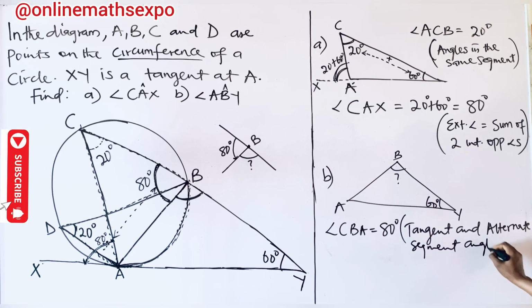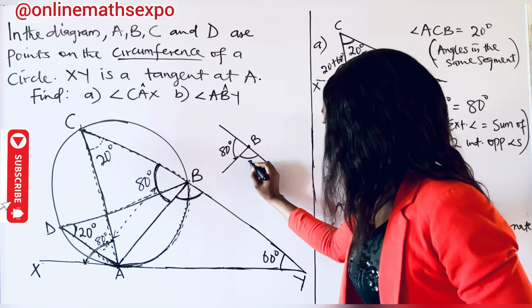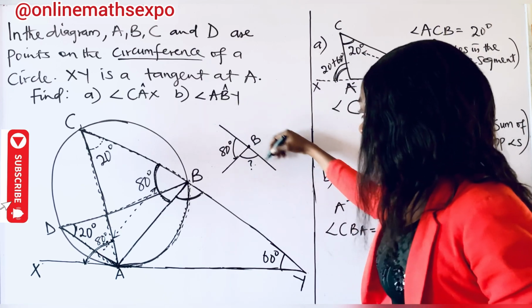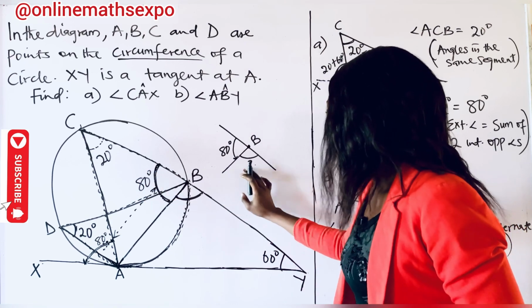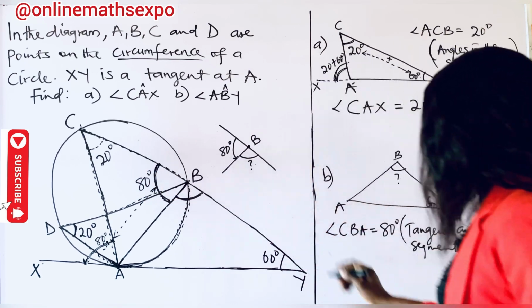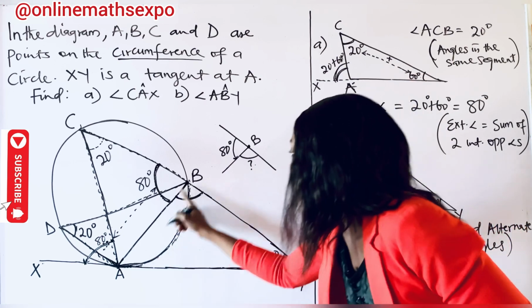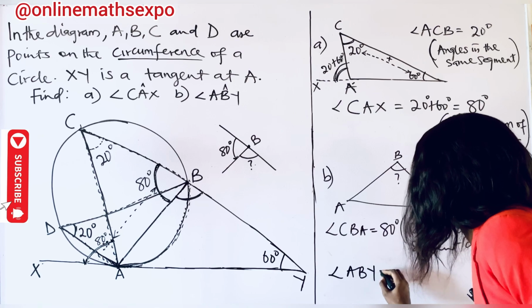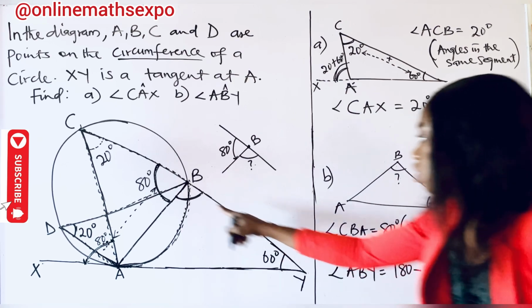So now that we have gotten that, what do we do? It makes it much easier for us to get this angle. And to get it, remember, it's on a straight line. An angle on a straight line sums to 180. So if that is the case, what do you do to get this angle? It means that the angle we are looking for, which is angle ABY, is equal to 180 minus this one we have.